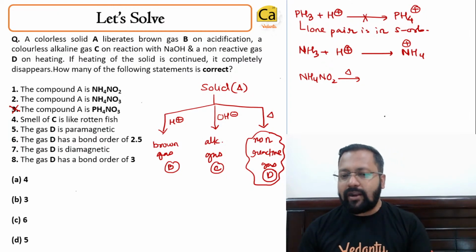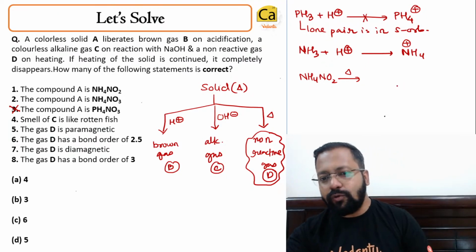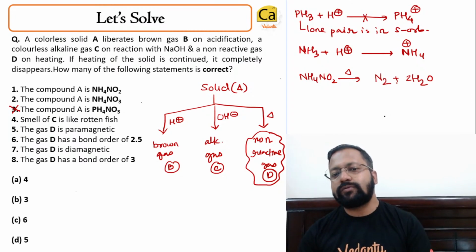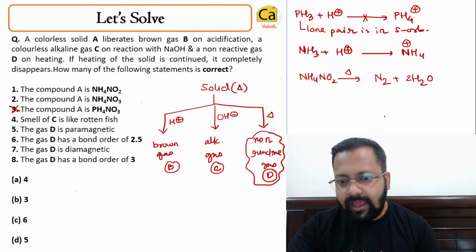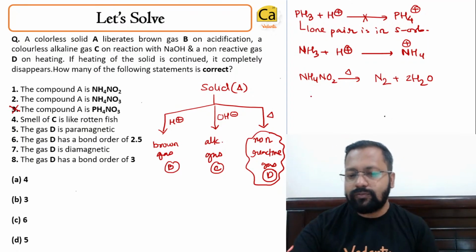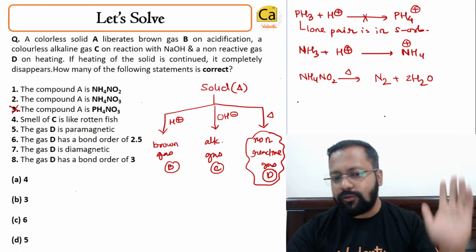What you do is you remove water and whatever is left out becomes your product. Another nitrogen containing product will be N2. Is that clear? So if I remove water, whatever is left out is N2. जितना वाटर आप निकाल सकते हो निकाल दो.